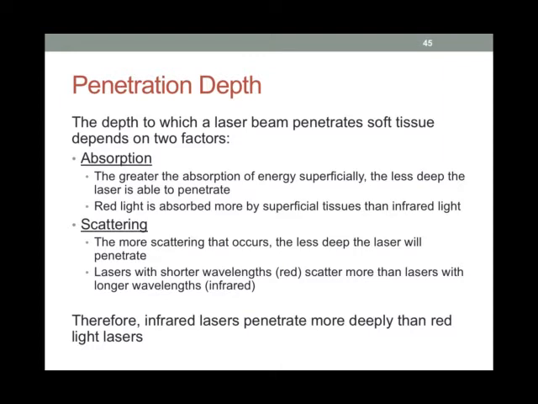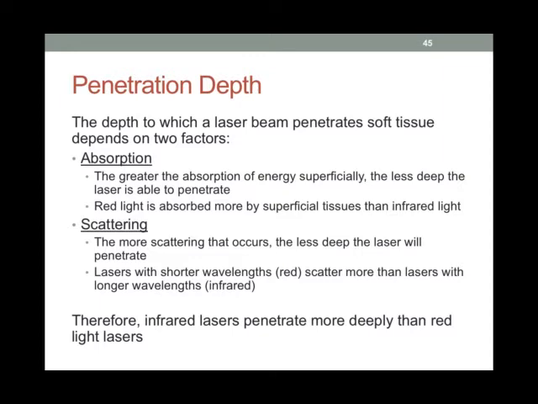Okay, and remember, again, that we're talking about the spectrum, that therapeutic window, where red light is actually in the visible spectrum, and some of the other lasers, and we'll talk about the specific wavelengths in just a moment, are in that infrared spectrum. So red light is absorbed more superficially.